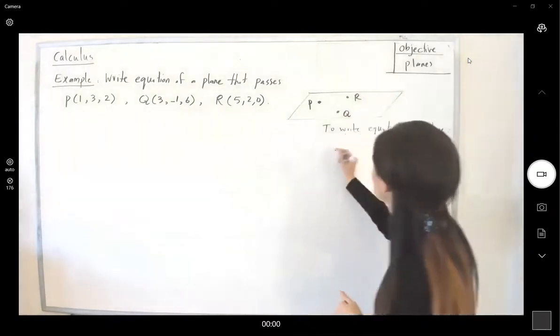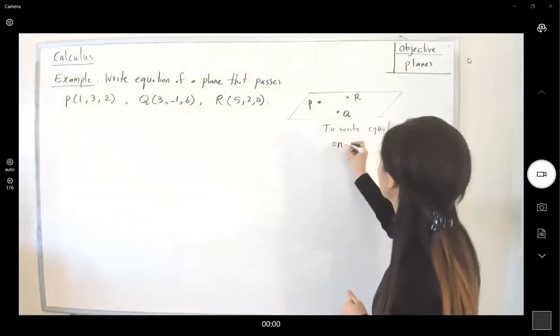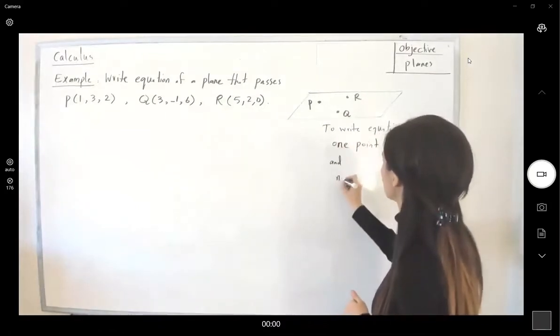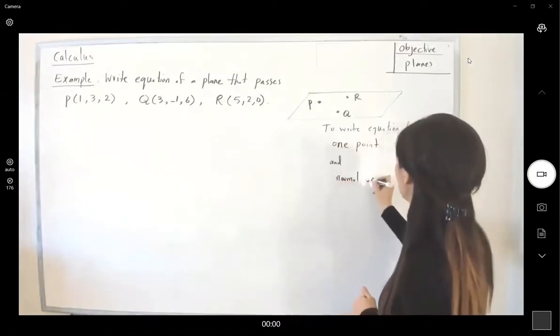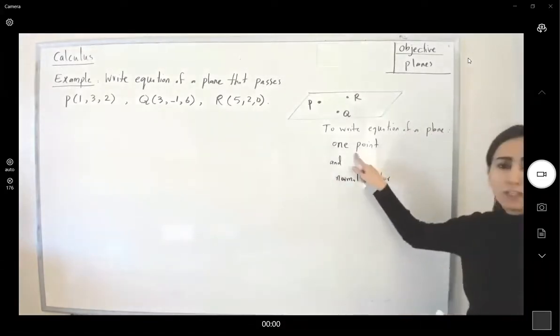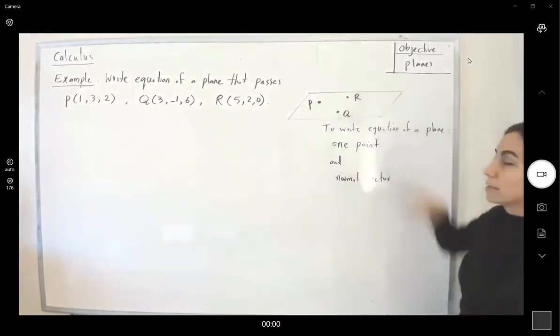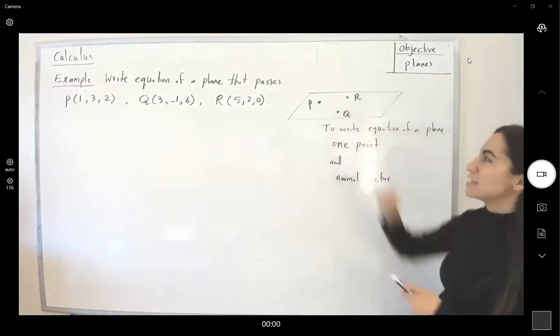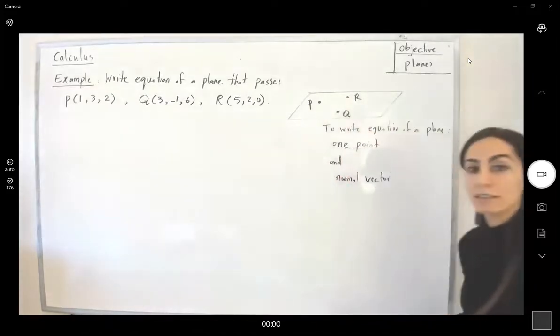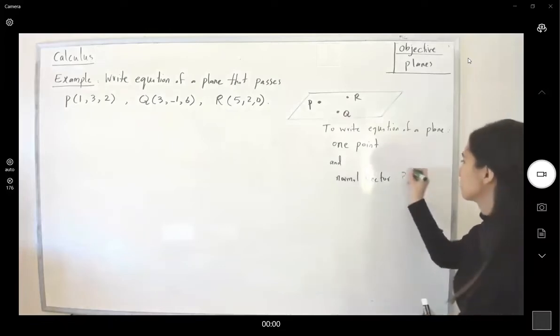We don't have any issue with 1 point in the plane. We can choose any one of these, but the normal vector is missing.